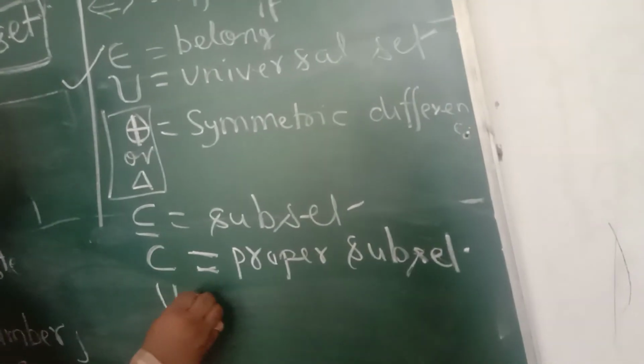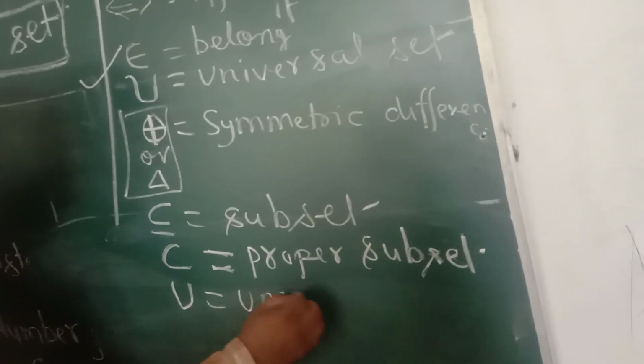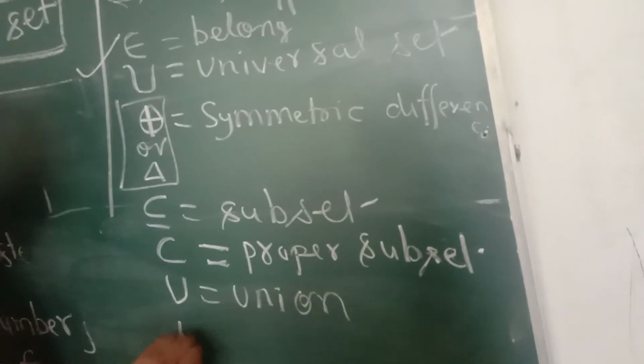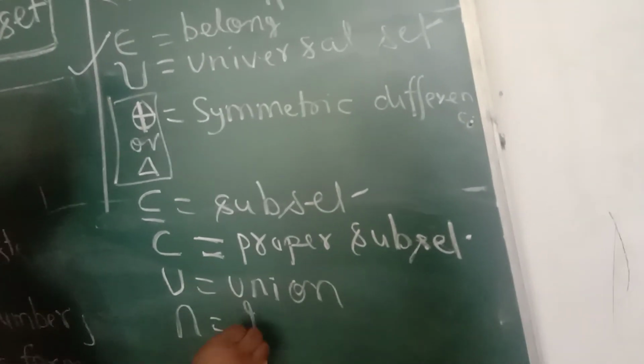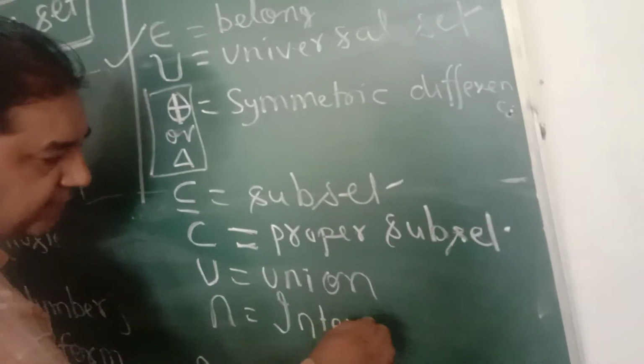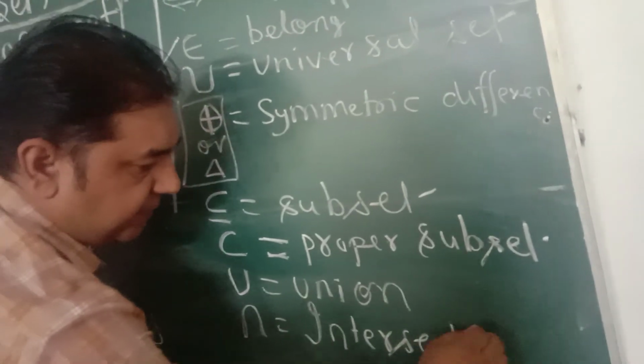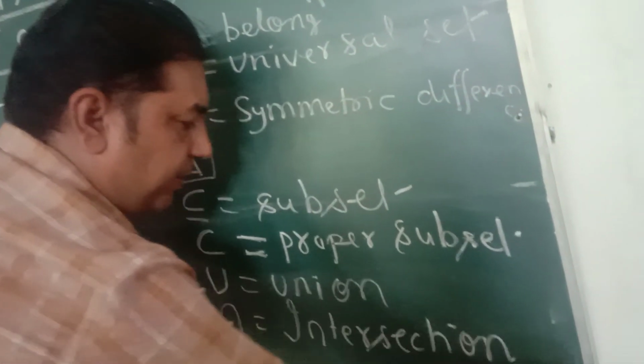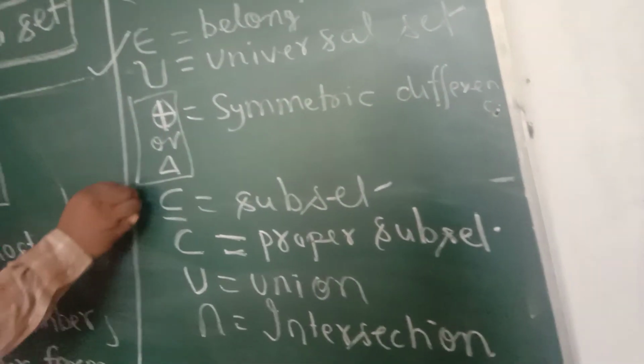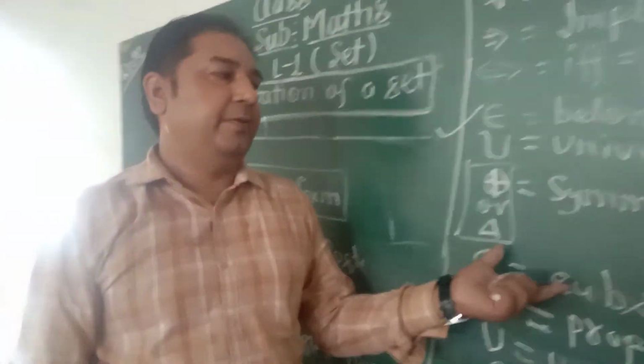This is union. This is intersection. So these are the important notations which are used in this chapter. Thank you.